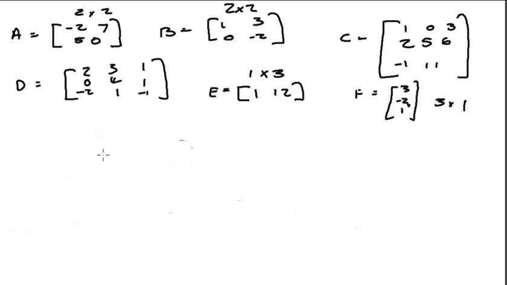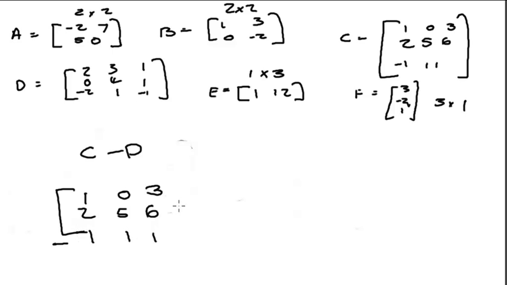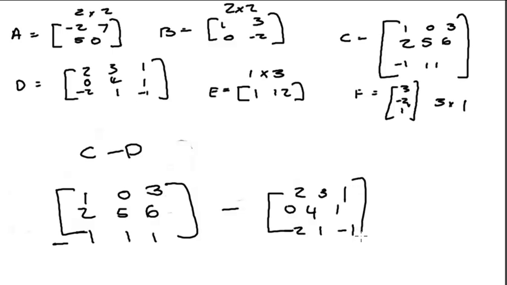Okay, so now I want to do C minus D. So I take matrix C, which is 1, 0, 3, 2, 5, 6, negative 1, 1, 1, and I subtract from that D, which is 2, 3, 1, 0, 4, 1, negative 2, 1, negative 1. And I just subtract position by position.